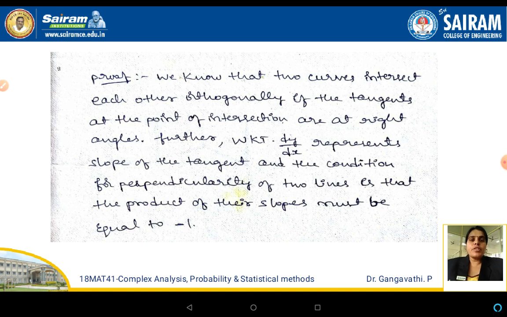If the product of the slopes results in -1, that is one way of proving the curves are orthogonal. The other way is that the angle between the tangents is 90 degrees.